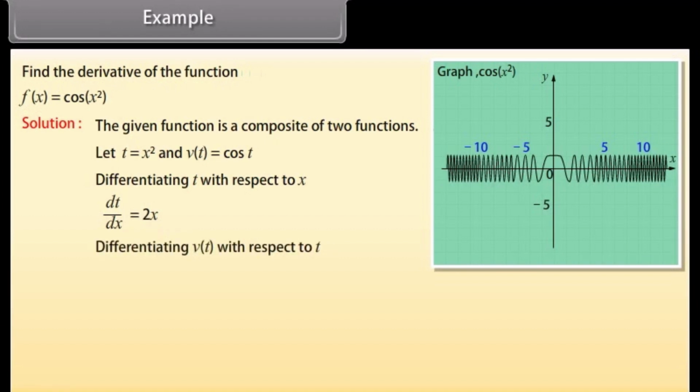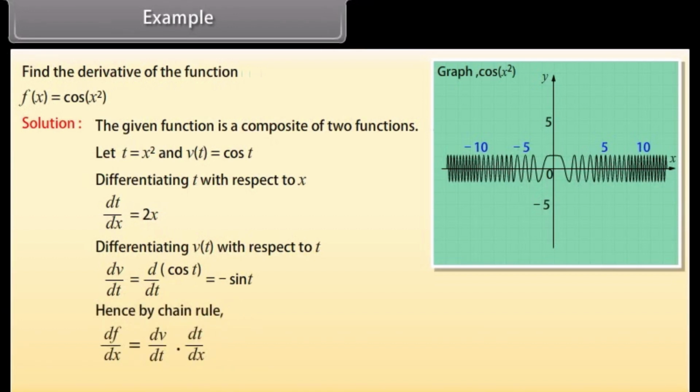Differentiating v of t with respect to t, d by dt of v is equal to d by dt of cos t is equal to minus sin t. Hence, by chain rule, d by dx of f is equal to d by dt of v into d by dx of t is equal to minus sin x square into 2x.